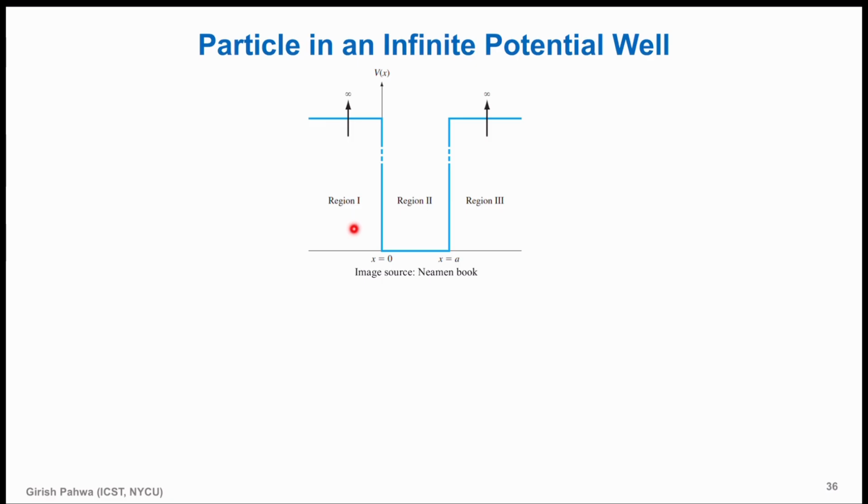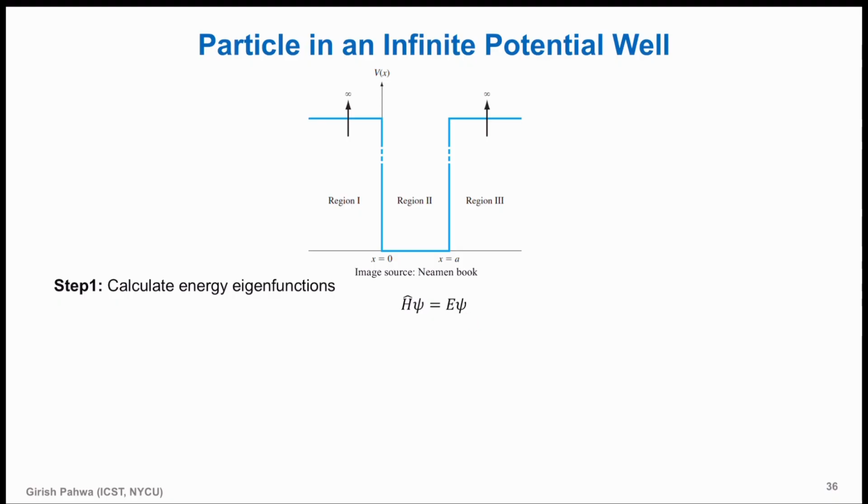So we have regions number 1, 2, 3, and we need to solve the Schrödinger equation and find the solution. We'll be talking about the wave functions and the energy eigenvalues. So how do we start? Step number 1, the time independent Schrödinger equation, which is the calculation of the energy eigenfunction. H cap psi equals E psi.